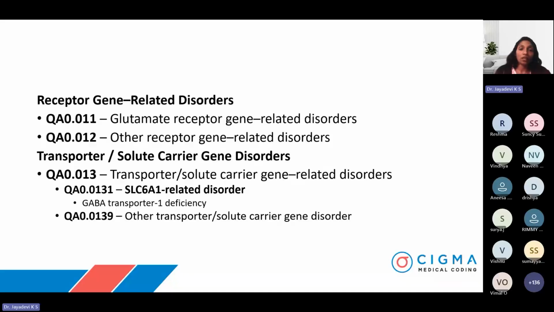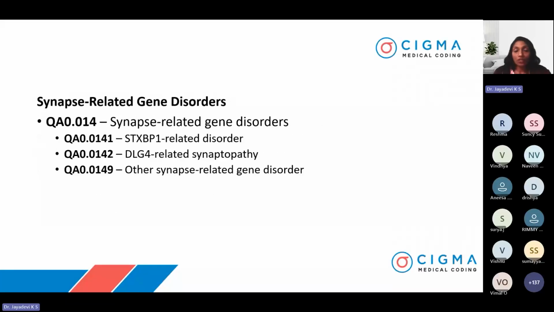Now, transporter solute carrier gene disorder, yet another one, that is QA0.013, 1 and 0139 for SLC6A1 related disorder and other transporter solute carrier gene disorder. These are all neurodevelopmental disorders. Synapse-related gene disorder, QA0.014, synapse-related gene disorders.